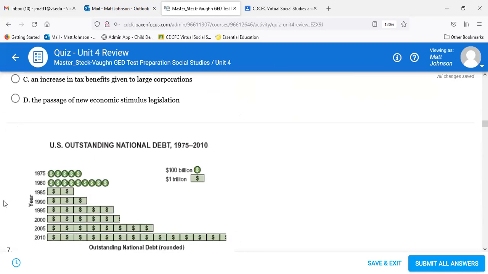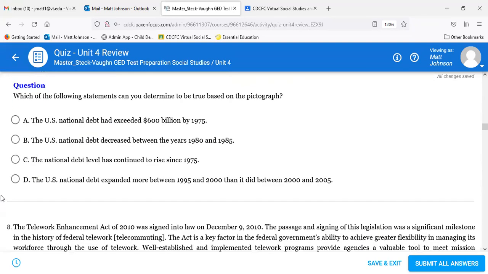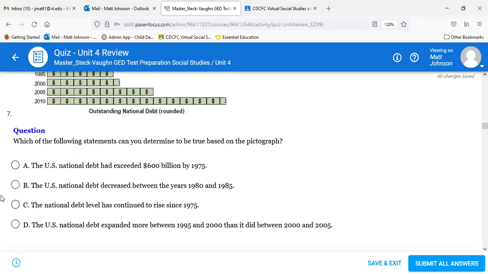Tracy, would you mind reading 7 for us? Yes. Which of the following statements can you determine to be true based on the pictograph? A, the U.S. national debt had exceeded $600 billion by 1975.